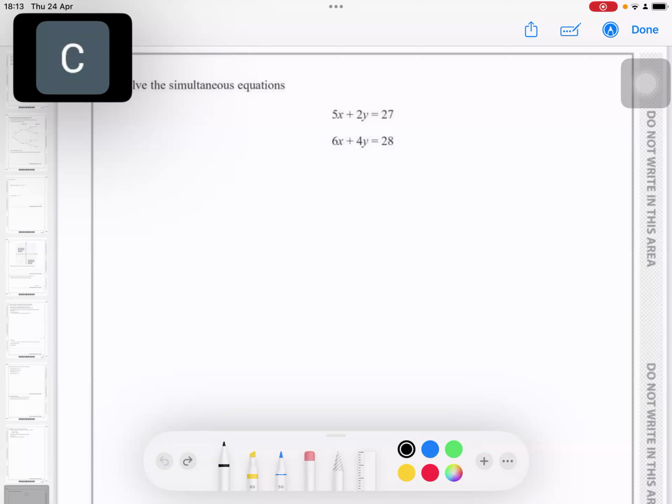And then the next one is 6x plus 4y equals 28.